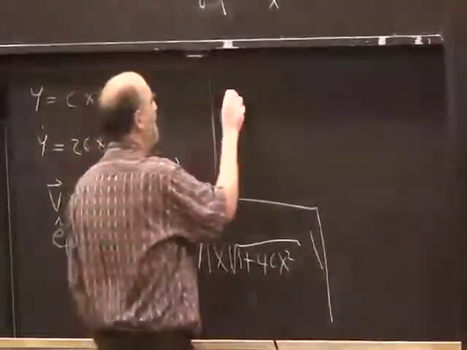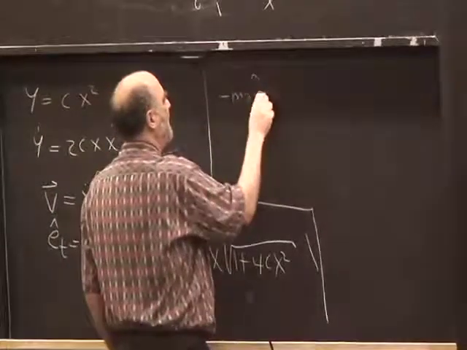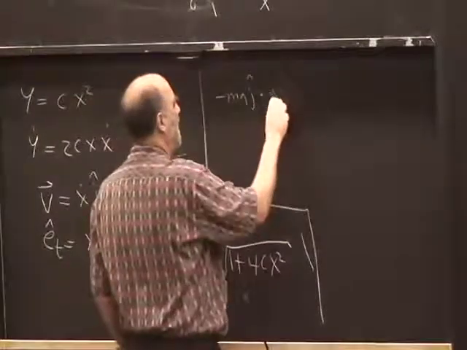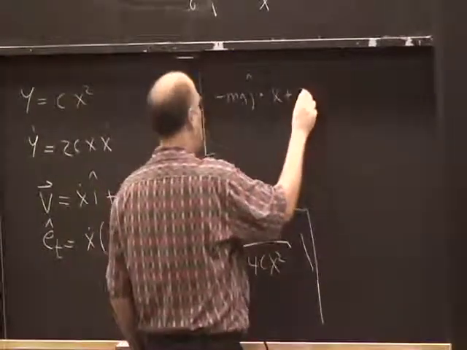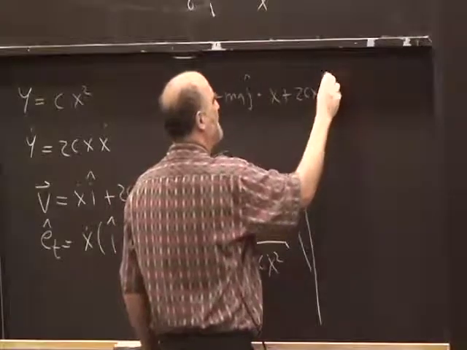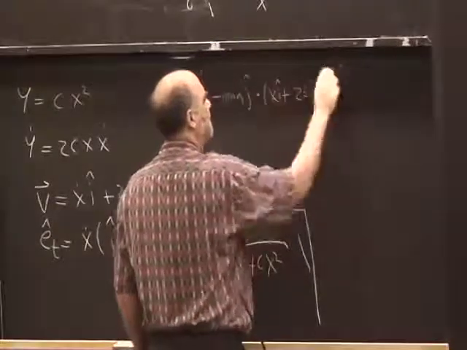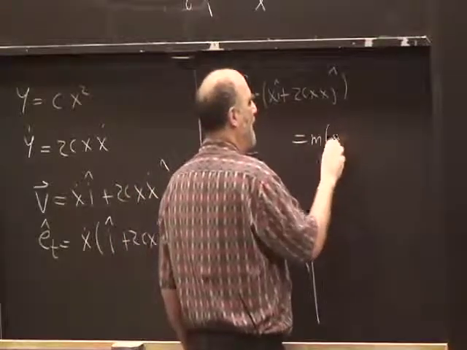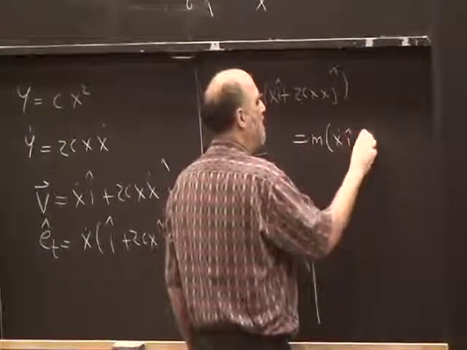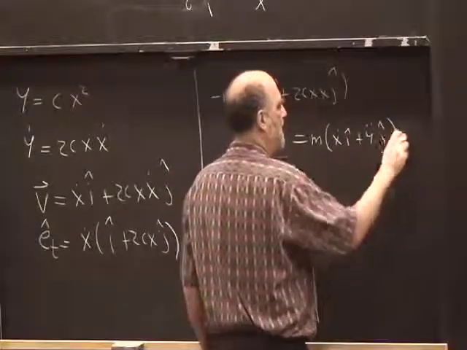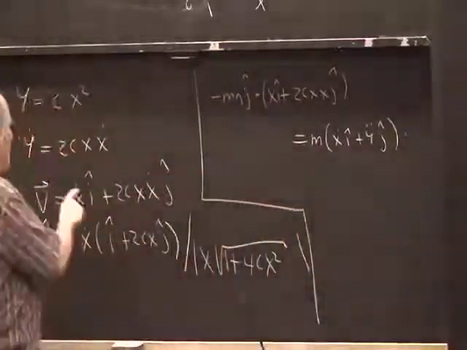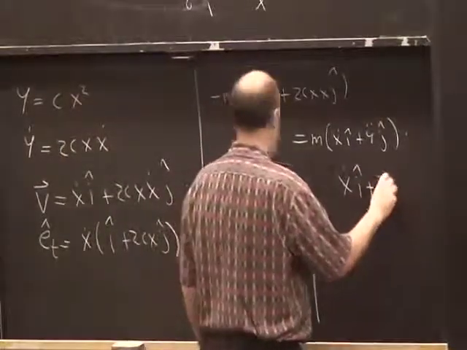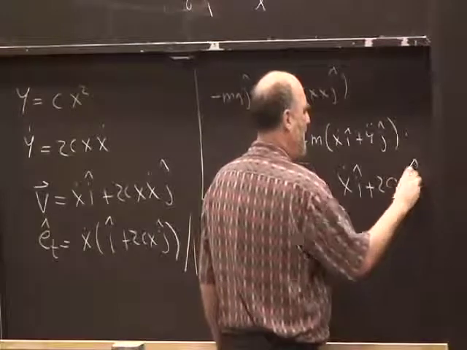Okay, so now we have minus mgj dotted with the velocity, but the velocity is x dot i plus 2cx x dot j, is equal to m, and now we can put x double dot i plus y double dot j dotted with the velocity, and we have x dot i plus 2cx x dot j.